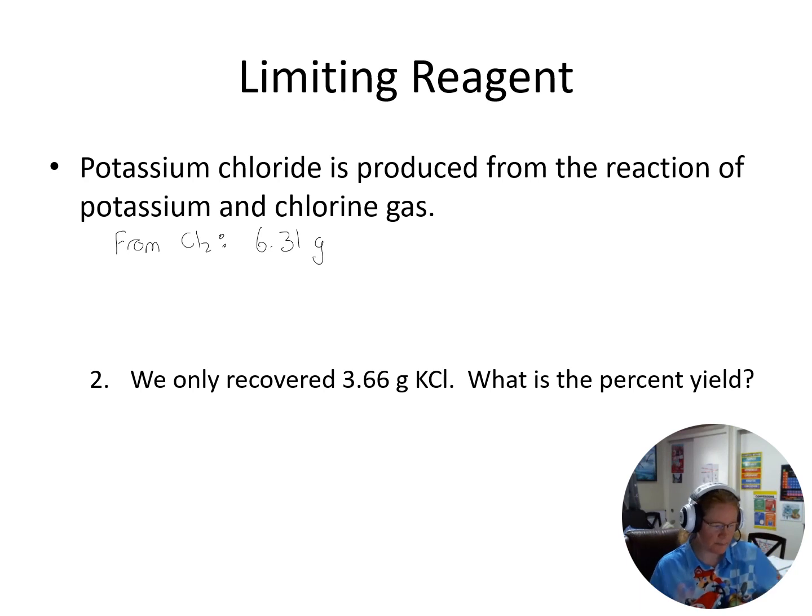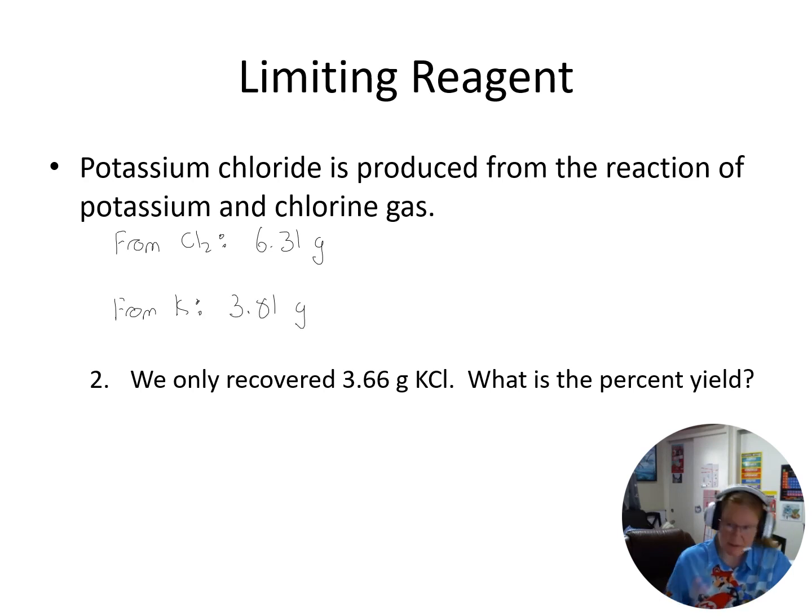Okay, so the potassium was 3.81. So which one's smaller, the 6.31 or the 3.81? The 3.81. Okay, so potassium's our limiting reagent. So we could potentially form 3.81 grams. Now, this is our theoretical yield.